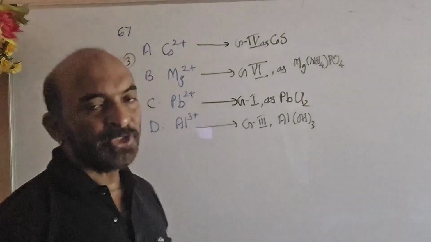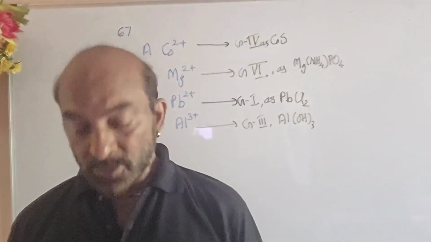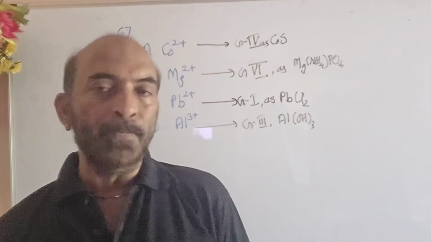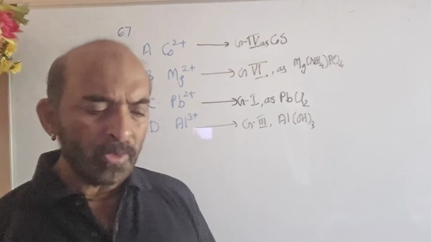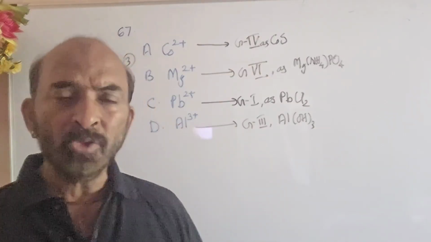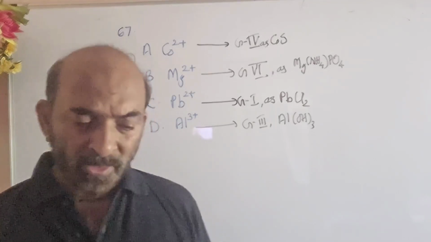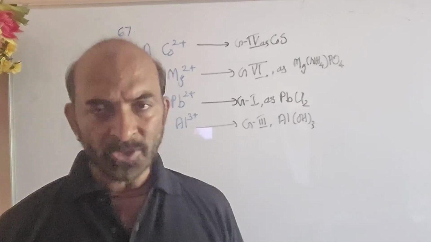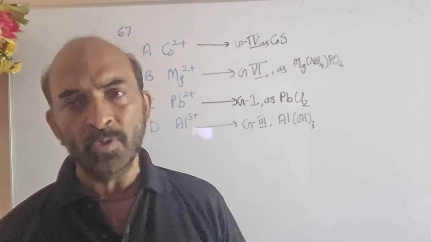Then magnesium ion. We know that magnesium ion gets precipitated in the sixth group. Towards the sixth group, generally salts have better solubility. That's why highly soluble compounds are precipitated towards the end of the group separation. Magnesium, sodium, potassium compounds are more soluble.